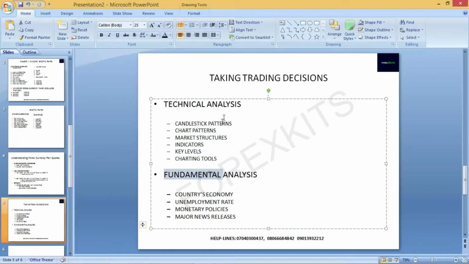For technical analysis, this is basically when you use historical price data, the changes that have happened in price for a certain currency pair, whether in the last 1 year, 2 years, 3, 4, 5 years, or maybe the last 2 weeks, depending on your trading style, if you're a scalper, a swing trader, or an intraday trader.